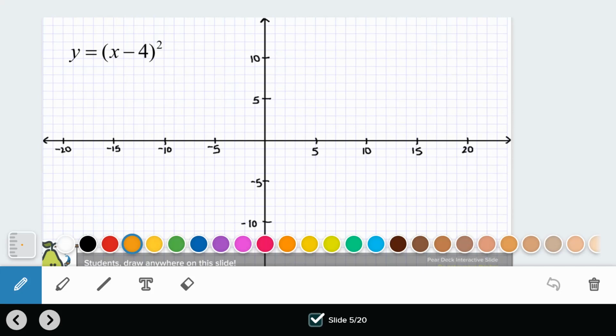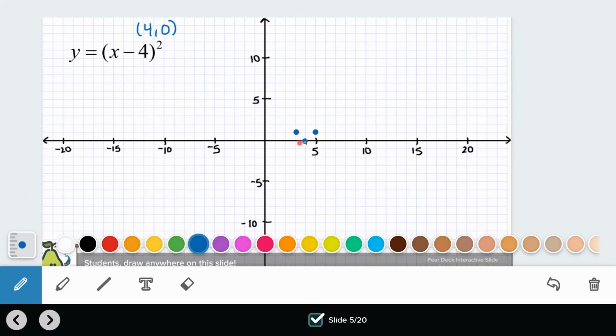On this one is a parabola. My vertex is going to be 4, 0, and it has a regular stretch. So I am going to go to 4, 0, and then from there, it's a regular parabola. So go out 1, 1 squared is 1.